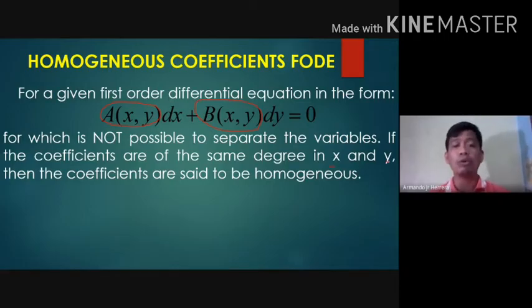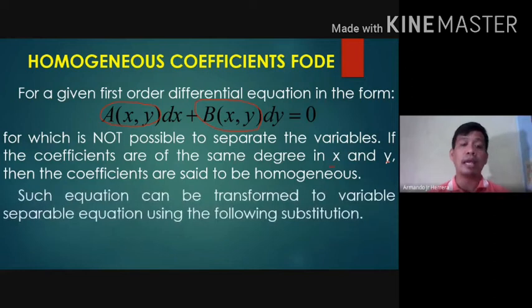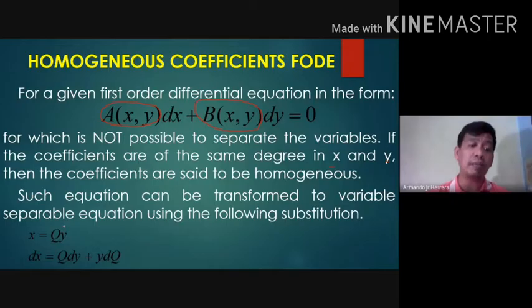What will we do with this homogeneous coefficients of first order DE? So, pwede natin siyang i-transform into variable separable by using this substitution. So, we can use x is equal to qy, for which q can be any variable. It can be beta, alpha, whatever variable you want.